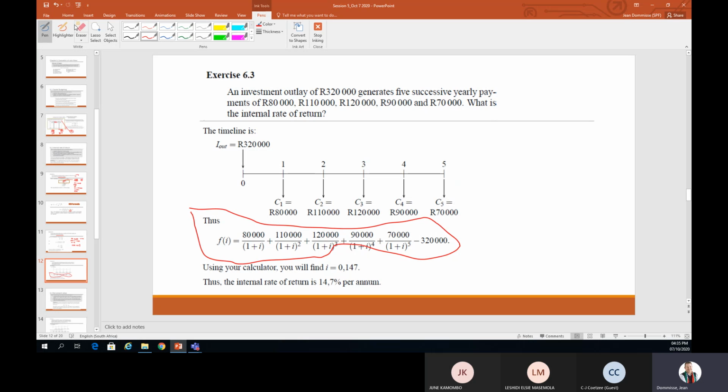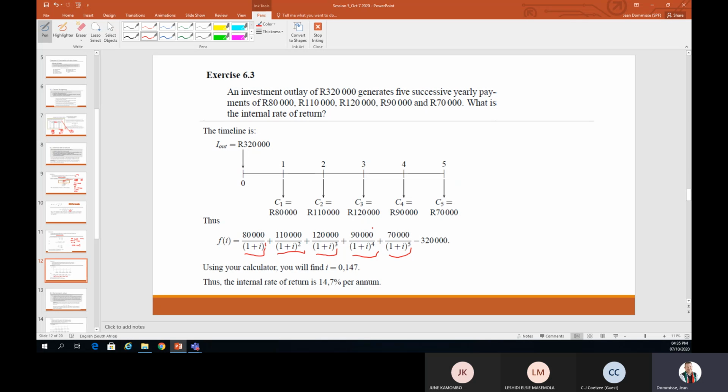Just remember that for every year that you add, it was 1, then for year 2 it will be 2, 3, 4, 5, and so forth.